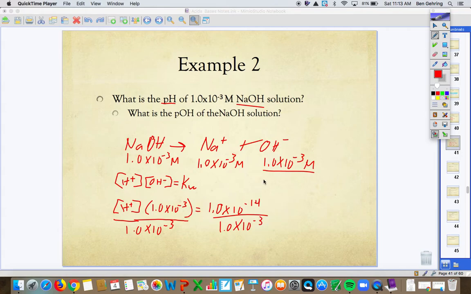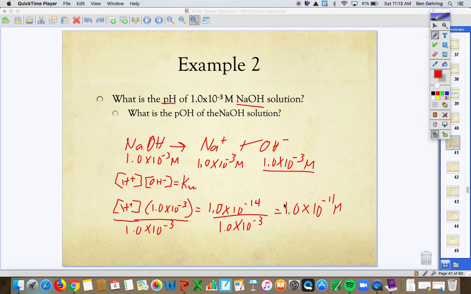And this will give me my hydrogen concentration. Because we're dividing here, 1 divided by 1 is going to equal 1. And because I'm dividing, I can subtract the exponents. So negative 14 minus negative 3 should end up being 1.0 times 10 to the minus 11th molar. And that's my hydrogen concentration.